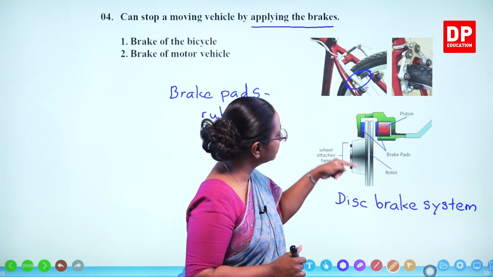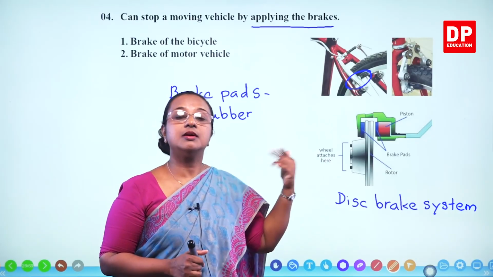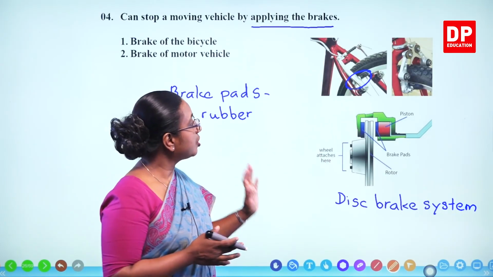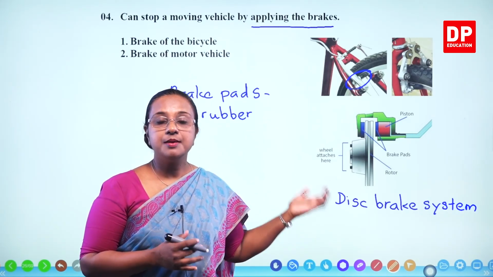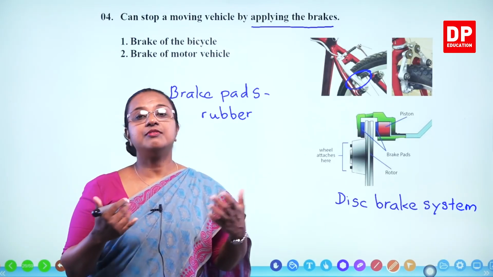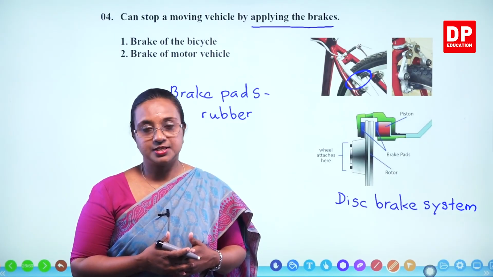And when the disc, the rotor, is not moving, the tires also will not move. So then the vehicle will stop. So to stop a bicycle or a motor car by applying brakes, we need to have enough friction. So that is also an advantage of friction.